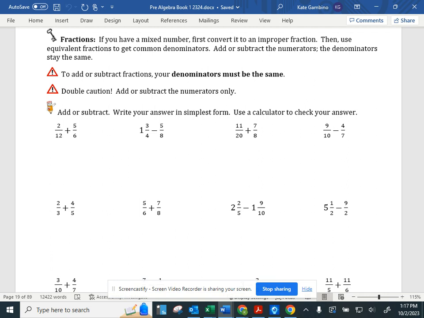So we only, double caution, add or subtract the numerators only, and then take note: write your answer in simplest form. So if it's improper, make it proper. If we can divide something out of both the numerator and denominator, do it.